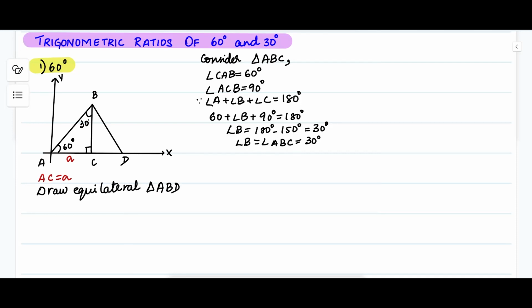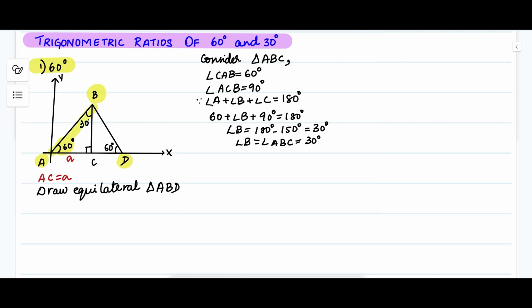Since it is an equilateral triangle, we can say that our angle here will be 60 degrees, because an equilateral triangle means the triangle which is having equal sides and equal angles. So here angle A is 60 degrees, angle D will be 60 degrees and our angle B here will be 60 degrees.